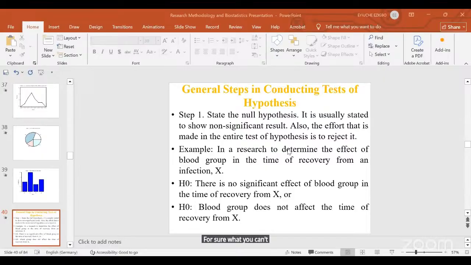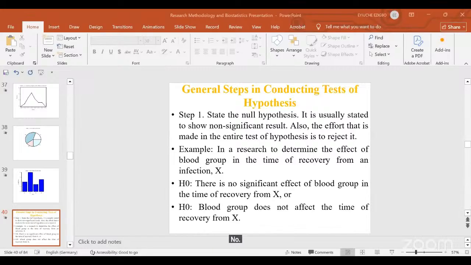When we have stated the null hypothesis, the next, which is in step 2, is to state the alternative hypothesis. The alternative hypothesis is always what? A negation of the what? The null hypothesis.